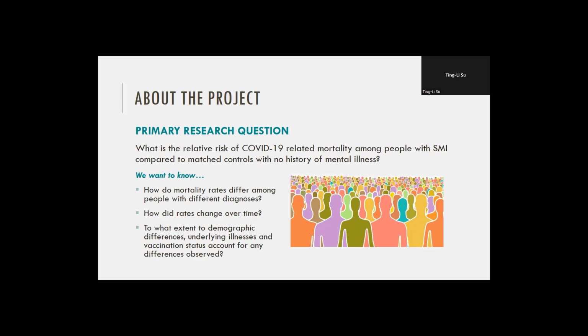I mean, spoiler alert, there are increased rates of mortality amongst this population. It's not just our research that's picked up on this. We wanted to really try and look at whether these were down to things like demographic differences, underlying illnesses, or things like vaccinations coming into play.